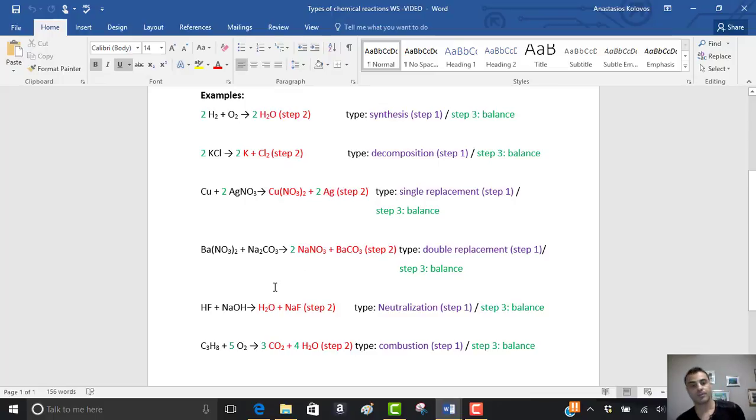The next reaction, you see 2 compounds. Compound 1, compound 2. If you have 2 compounds, you can assume that it's a double replacement reaction.